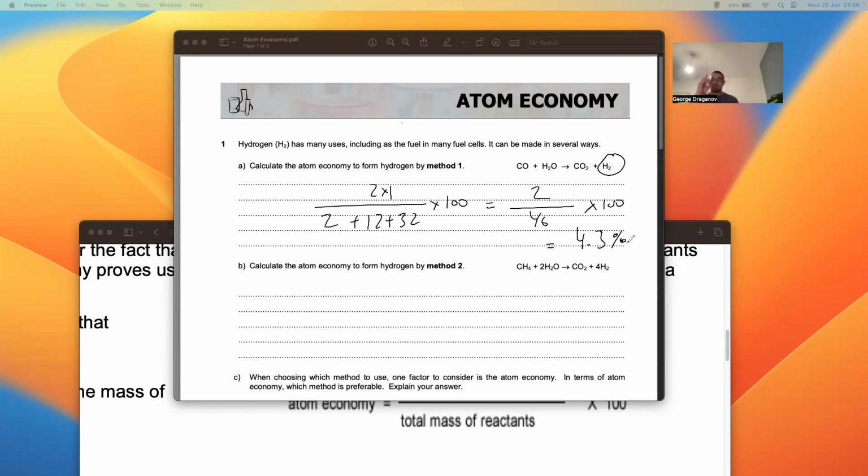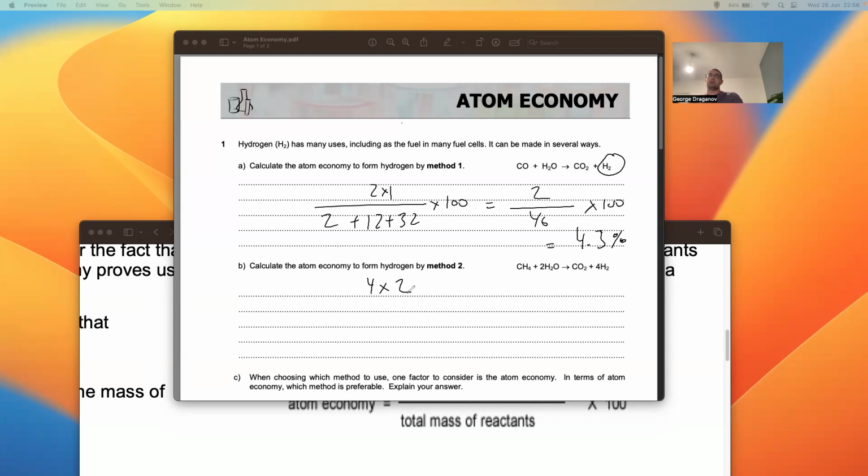Now, this bit is important. So far, I've always told you do not look at the big numbers, but when you do atom economy, it's the only time that you need the big numbers, which means the big numbers in front and the little numbers all combined together. So when you find the atom economy of hydrogen here, it will be 4 times, and then it's 2 times 1 is 2.